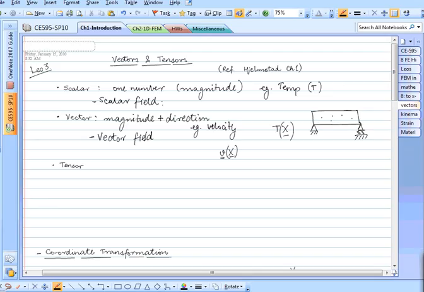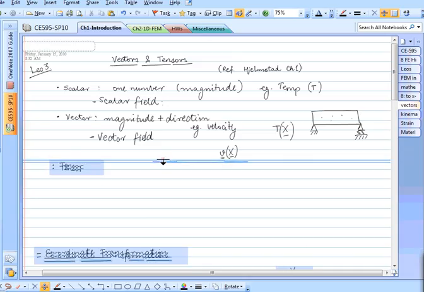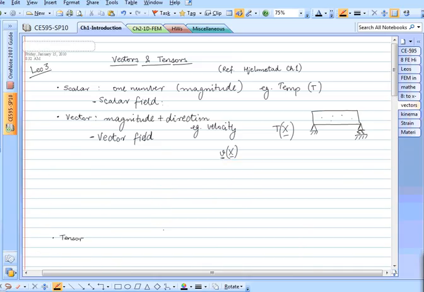Okay. So that brings us to, well, before I jump into tensors, let me ask you, let's say we have this vector that's maybe pointing in this horizontal direction. Let me call this vector V, and I'm going to say that this is my coordinate axis, E1, E2, E3.